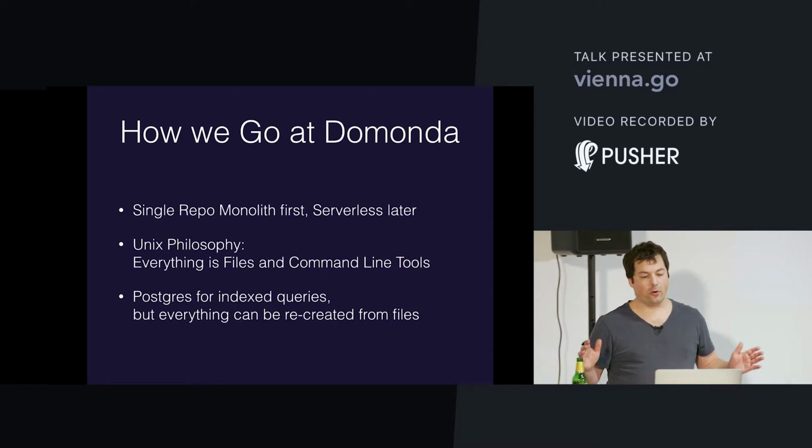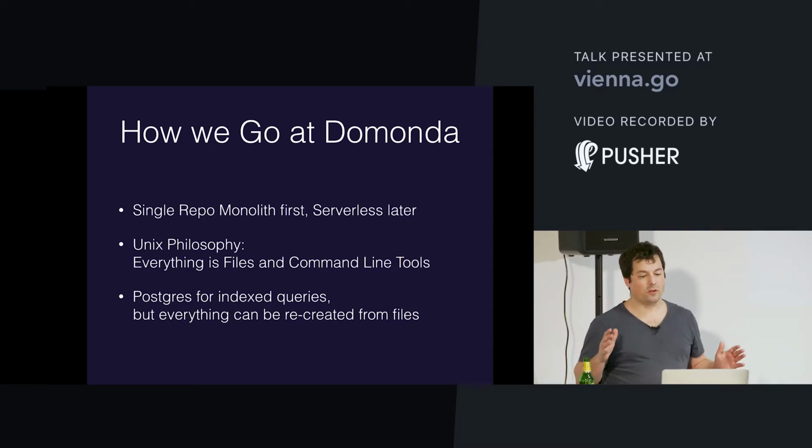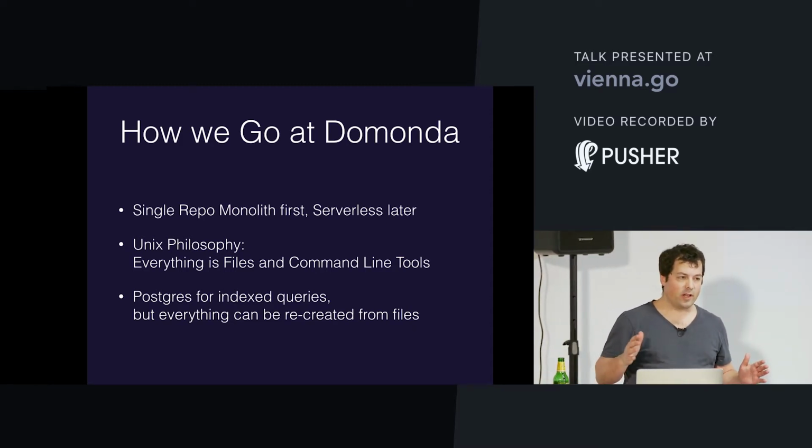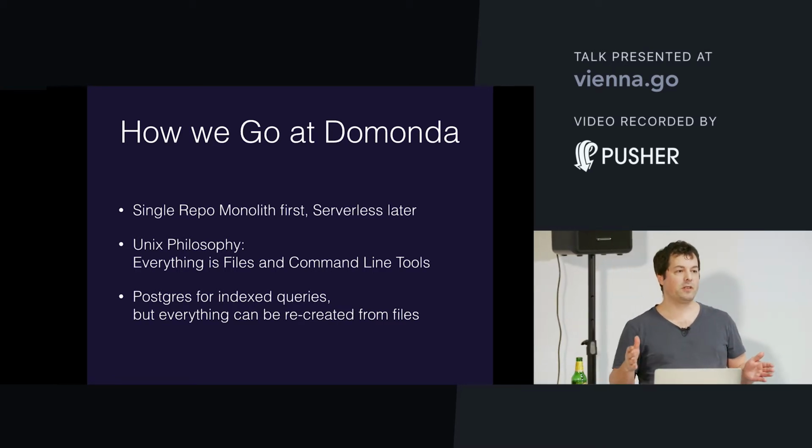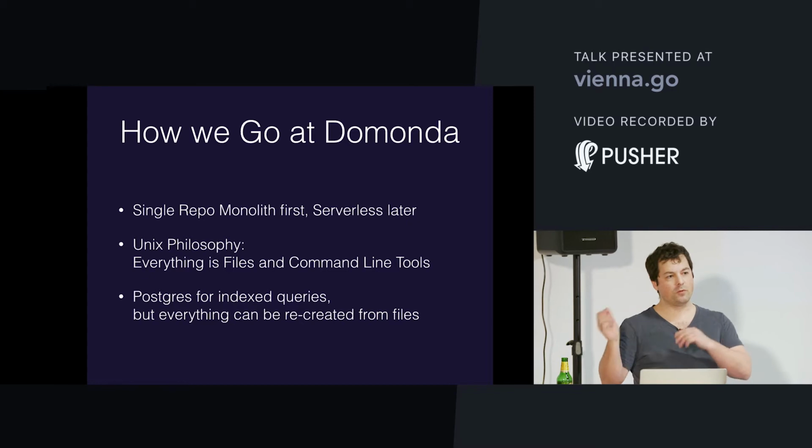So how do we structure those things at Domonda? We have a single repo in GitHub, and we have a monolith first and serverless later, meaning we always start with the monolith. Everything is much easier that way, and when we see we can split something off, do something on AWS Lambda or something like that, we do that.